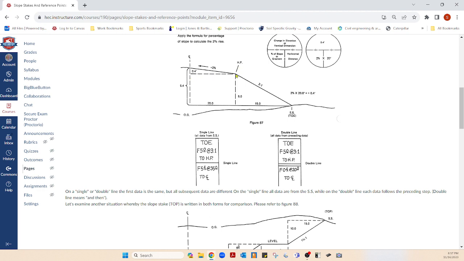But if we really wanted to know, we could take the 0.02, which is 2%, and let me do that right quick. 0.02, oh, my calculator's not on. 0.02 times 0.4, well, that's not what I wanted.